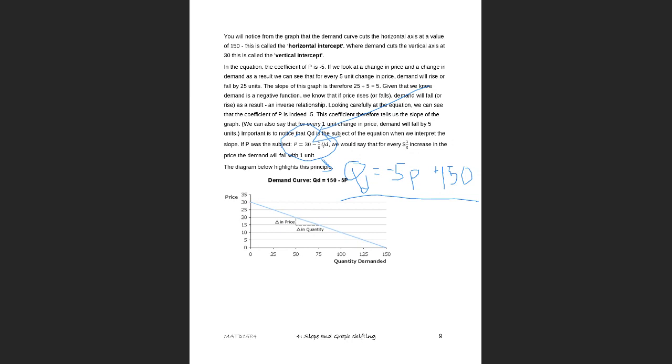So let me write it here. If you are looking at it with this equation, it means that anytime Q increases by 5 units, price will decrease by 1 unit.